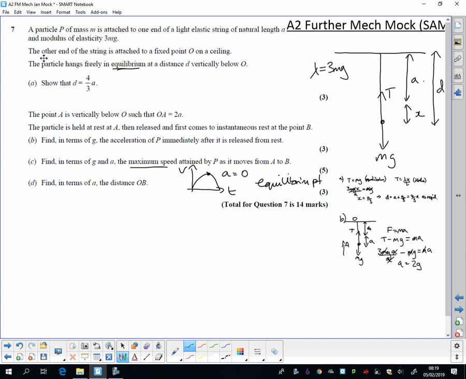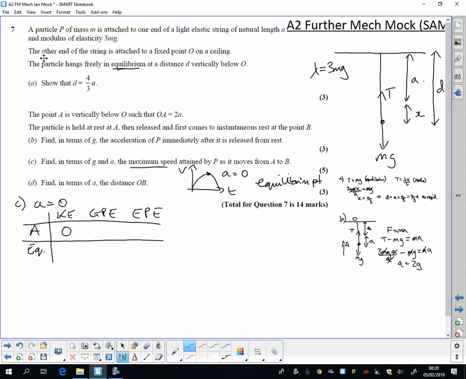So we can solve this using energy. Let's have a look. We've got point A, which is our start, and the equilibrium point, which is our finish. What types of energy have we got? Kinetic energy, gravitational potential energy, and elastic potential energy. The kinetic energy at A is 0, it hasn't got going yet.